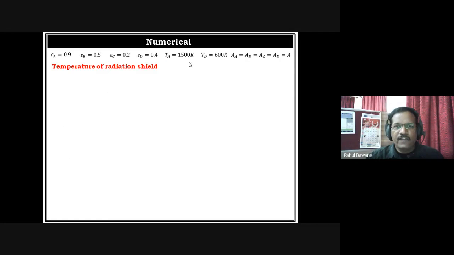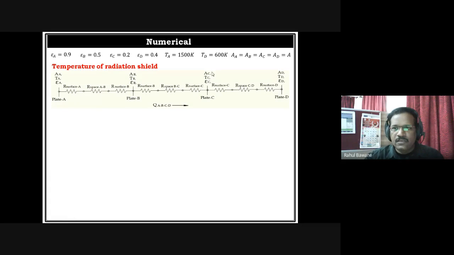Now the final part, that is the temperature of the radiation shields. We have two radiation shields, so temperature of B and temperature of C. This is our electrical analogy. If I am interested in finding the temperature of B, I will use only plate A to B, this portion.